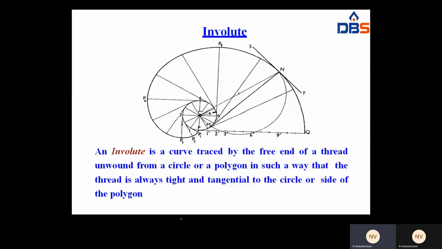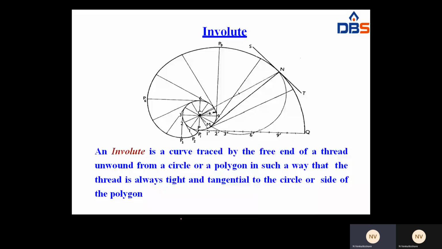So, what is an involute? The involute is a curve traced out by the free end of the thread, which is unwound from the circle. If you have a circle or some polygon, the thread is always tight and tangential to the circle or the side of the polygon.